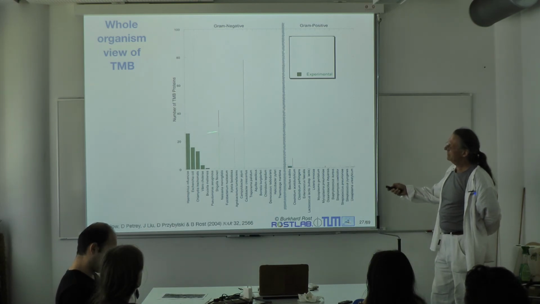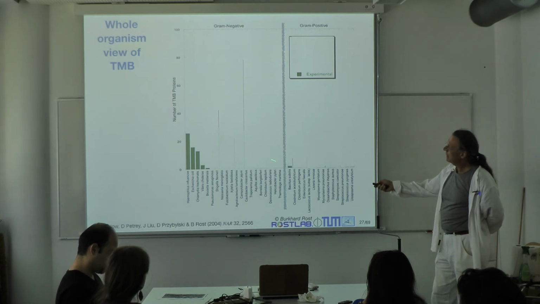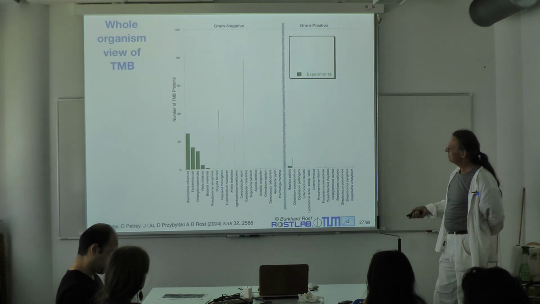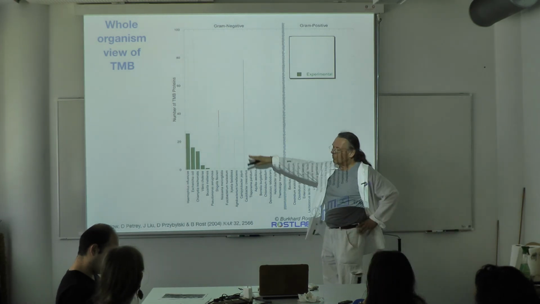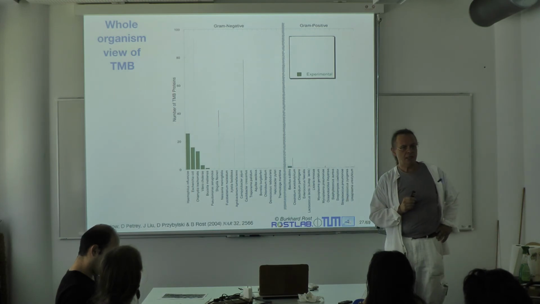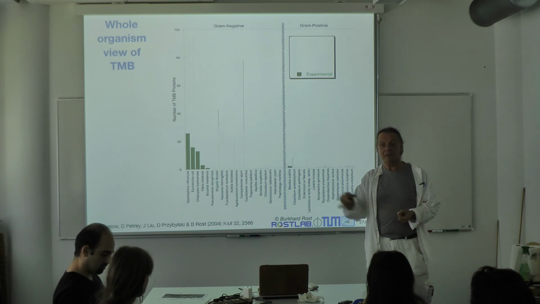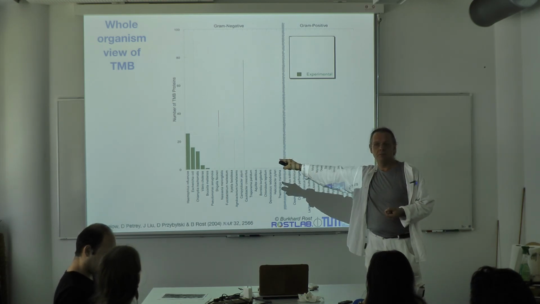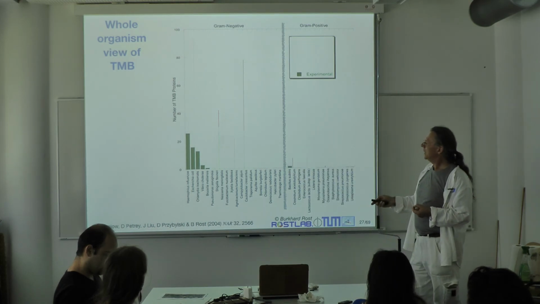So what we currently have is this one. This is a bunch of gram-positive and gram-negative bacteria. The green part is low resolution experiments. This is not proteins for which I know exactly which residue is in the membrane, but I do know experimentally they are barrels.